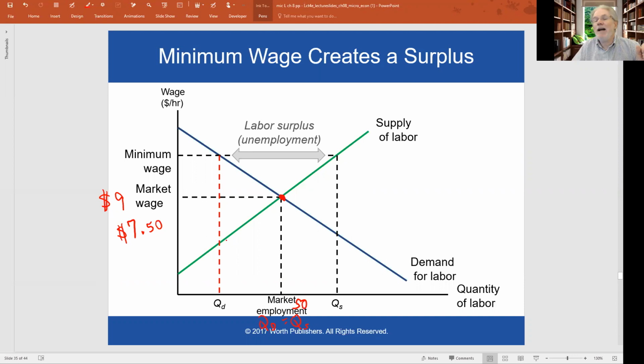Somebody take a shot at it. Think about what a minimum wage of $7.50 does and what effect it will have in this market.